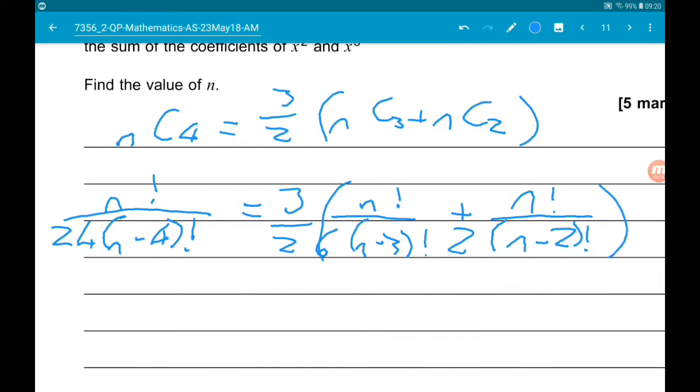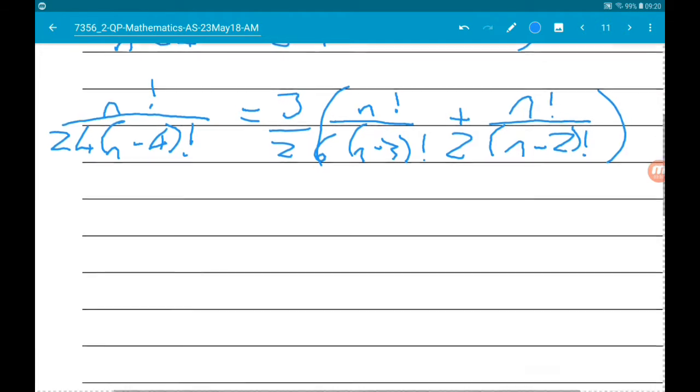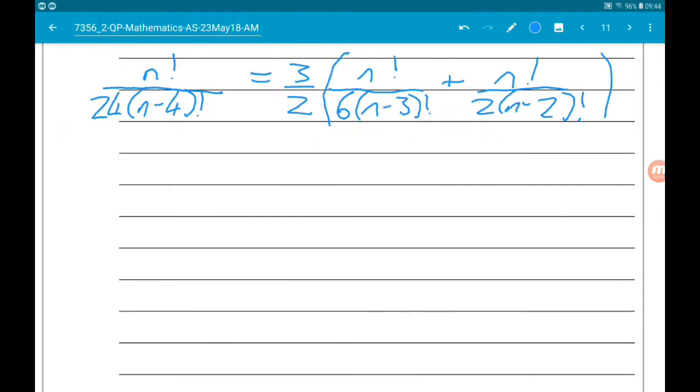So this is what we now want to solve for n. So what we really need to do is get rid of all of the factorials. So how are we going to do that? Well, first of all, we're going to rewrite the n factorial terms.